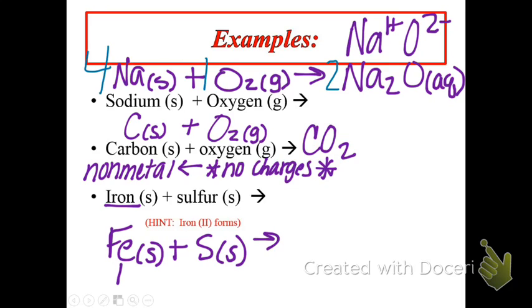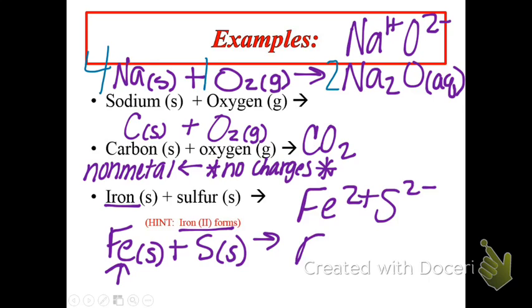What do you do if that first metal is something that you don't know the charge of? Well, I will always, for right now, obviously give you the charge of that metal. So in this case, you have Fe, which is a 2 plus, sulfur 2 minus, FeS. Okay, and obviously I didn't balance the last one, but it's all 1s. This one here, again, works out to be all 1s.